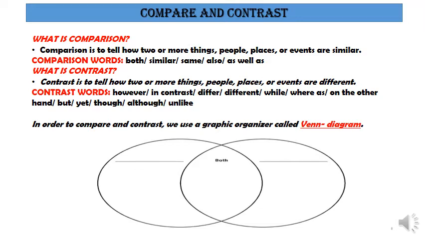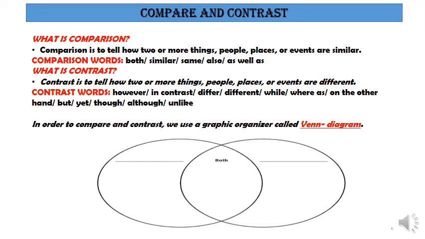All of these are words we can use in order to contrast between two or more things, places, people, or events. So let's repeat. To compare is to state the similarities, and to contrast is to state the differences.